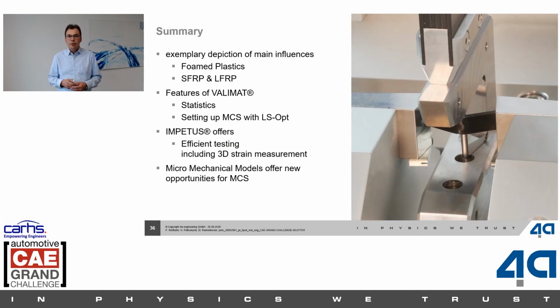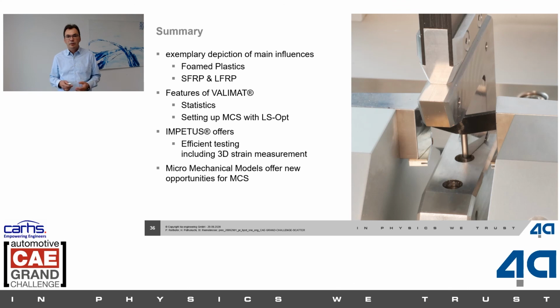I'm coming to the summary. Exemplarily, I showed you some main influences coming from the material, from foam plastics and fiber reinforced plastics. I introduced briefly some features of Valimat, how it's possible to make statistics, average curves, evaluate extreme values and show the confidence interval. We can easily set up a Monte Carlo simulation automatically with LS-Opt.